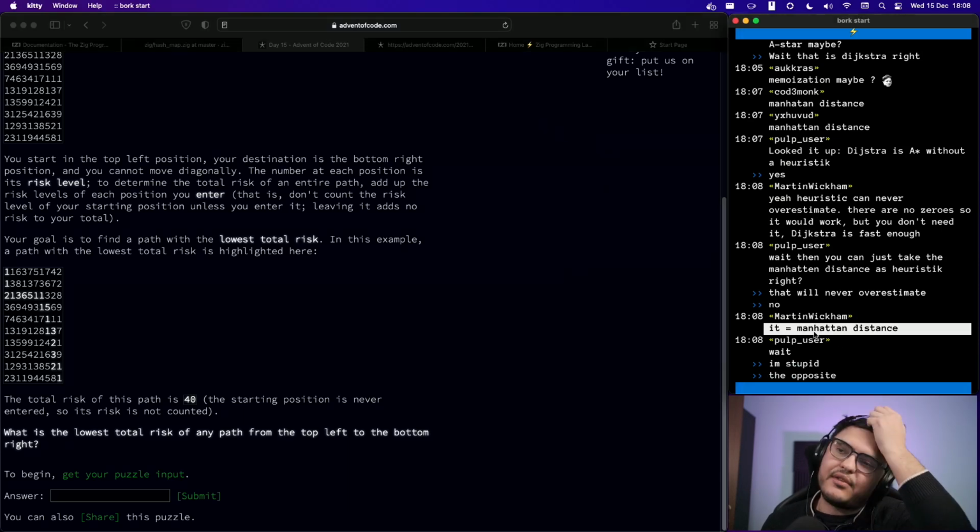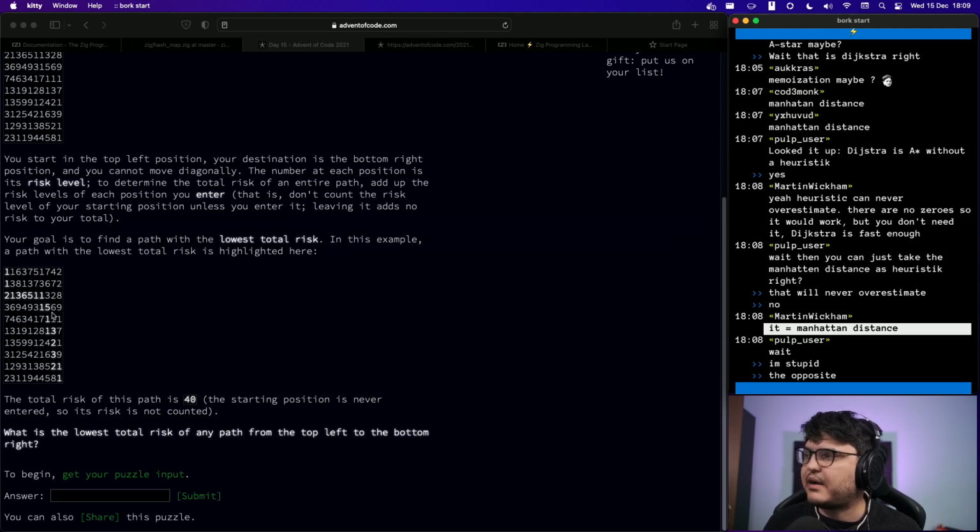Right. So Manhattan distance will not overestimate because there are no zeros. Yeah, thank you, Martin. That now makes perfect sense. Yeah, but I don't know. I mean, whatever. You know what? It's easy to add it, right? You can add it in case things go wrong. But even then, I don't think, like, how much of an improvement is A-star over Dijkstra, like having the heuristic?